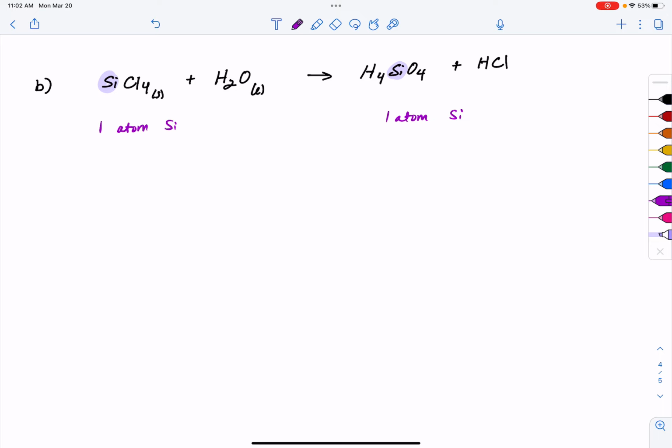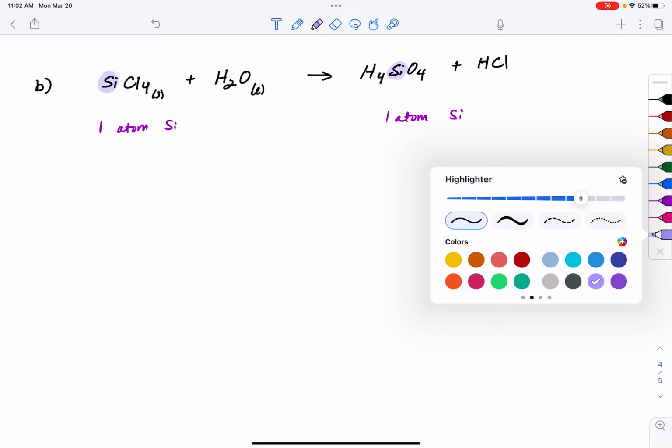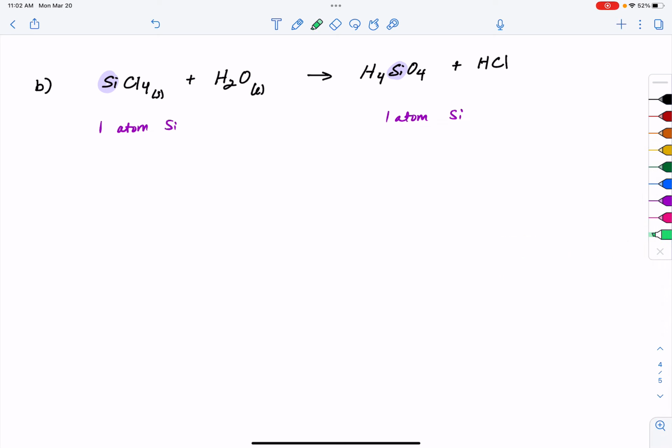Now let's look at our Cls. I've got chlorine here, and if I count how many there are in that molecule, based on the subscripts, I've got 4 atoms of chlorine. Looking at my product side, I have only 1 compound that contains chlorine.